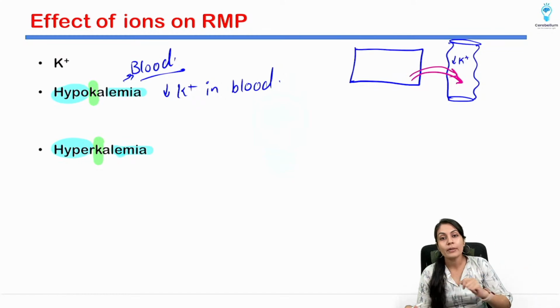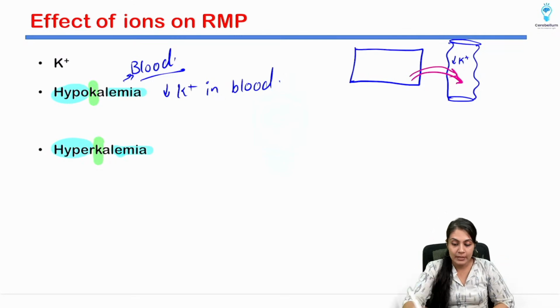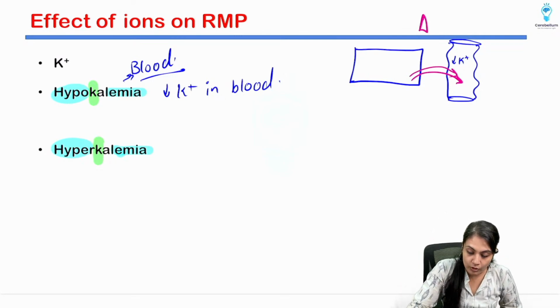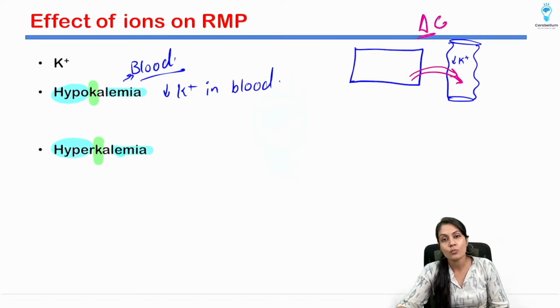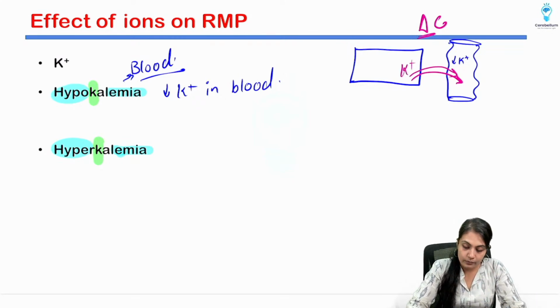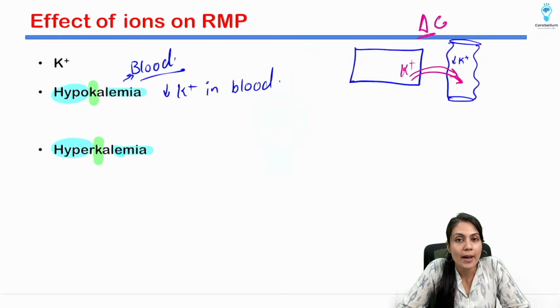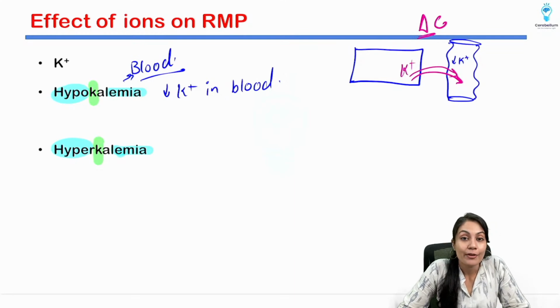So what is going to happen? If the gradient is increased, that means the difference is more. The delta C, that means concentration gradient, is more, so more rapidly and more forcefully the movement of the ion is going to occur. So more potassium will go outside. That means what is going to happen inside the cell? If more positively charged ions go outside, that will make the cell negative.